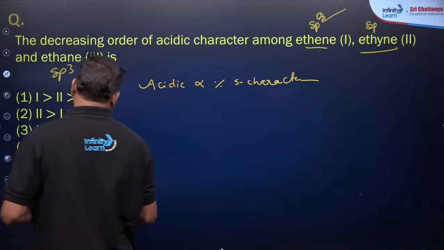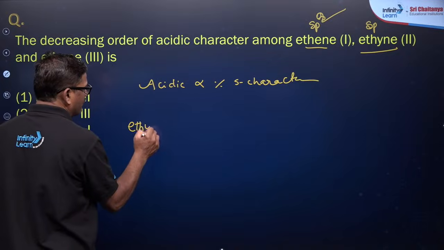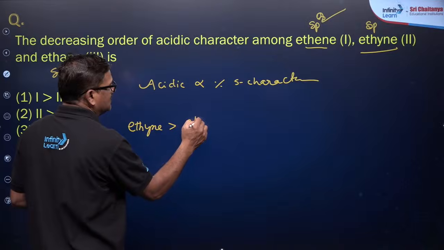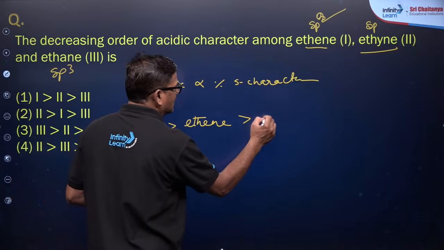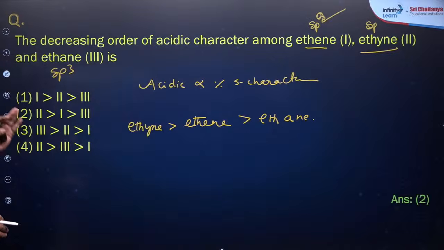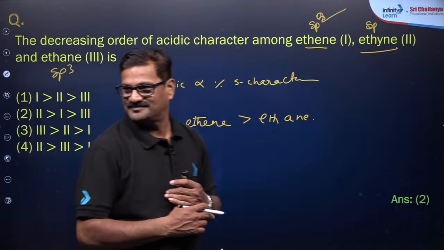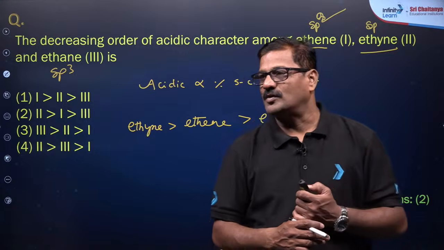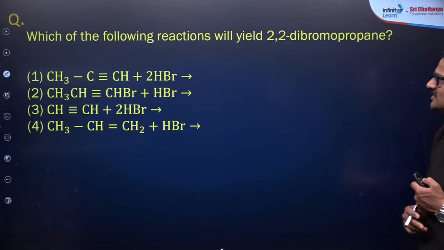I mean to say ethyne is greater than ethene is greater than ethane. So, the answer for this question is 2. Correct. Wonderful beta.